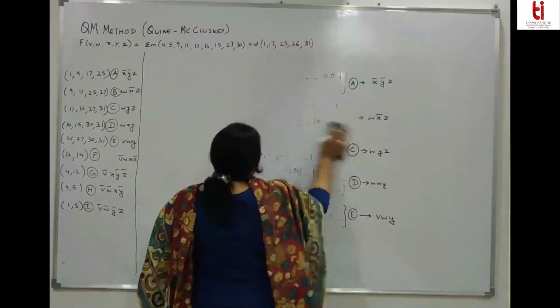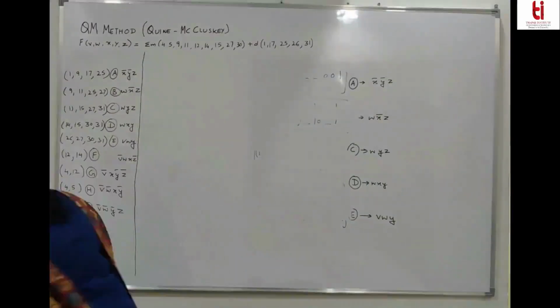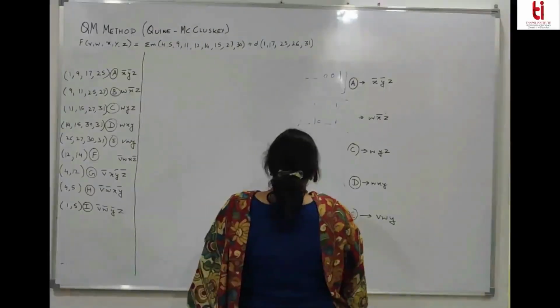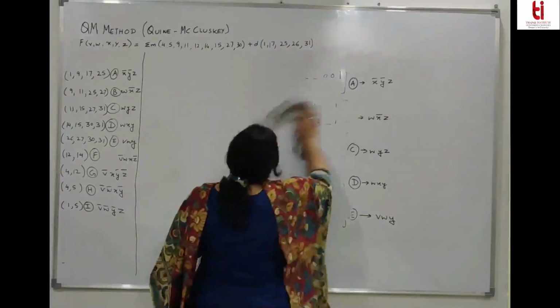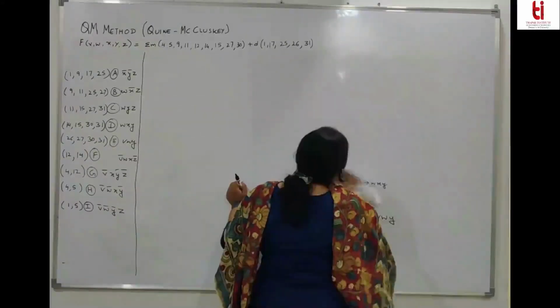Now what to do? We just rub this off. Now we have to make the prime implicant table. Vertically we have written all these terms. What will come horizontally? What should be there in the prime implicant table?